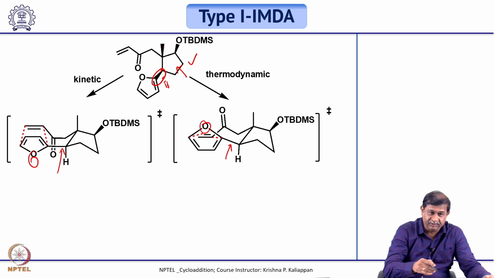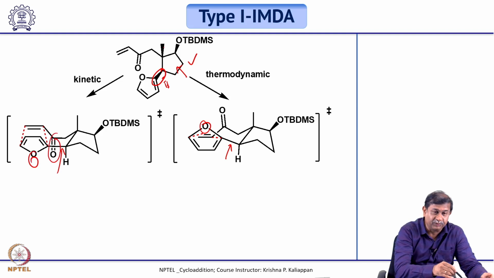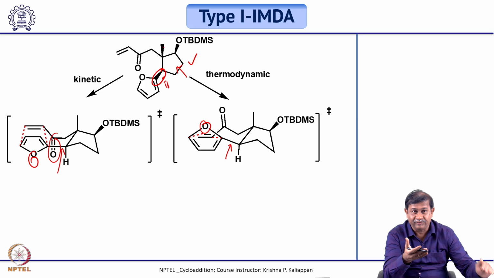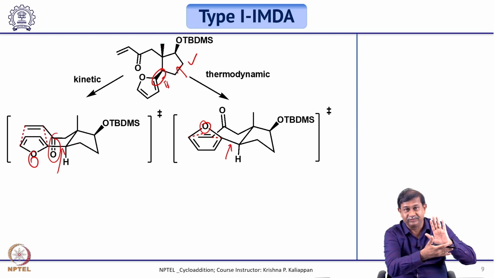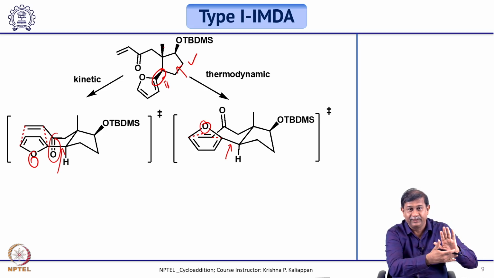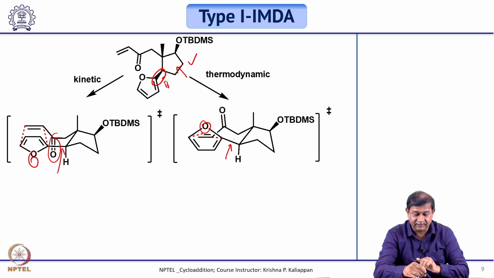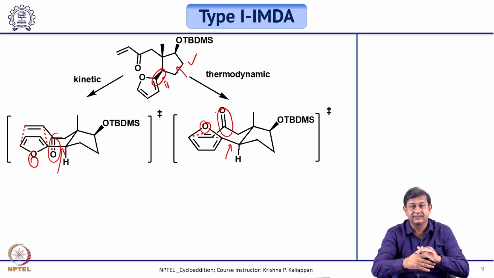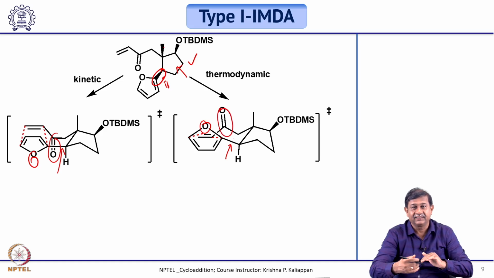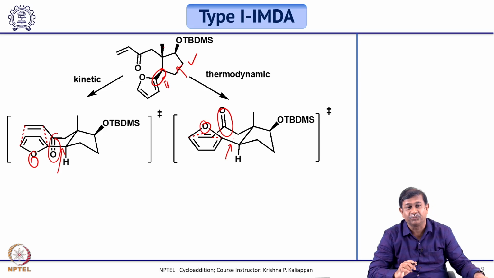If you look at these two conformers, in this one the carbonyl group of the dienophile is below the diene. That means this is the endo product. Whereas here this carbonyl group is away from the diene. That means this will lead to the exo product.